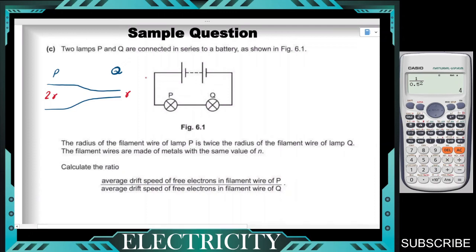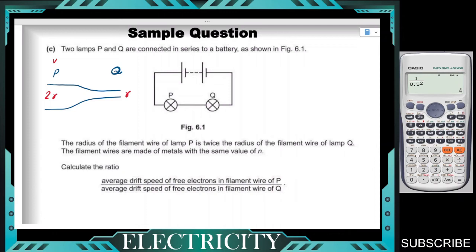So for example, let's say the drift speed on the side P was V. What would be the drift speed on the side Q?